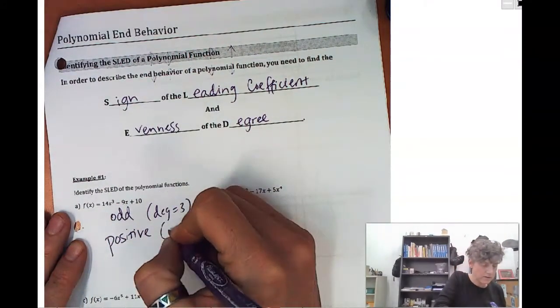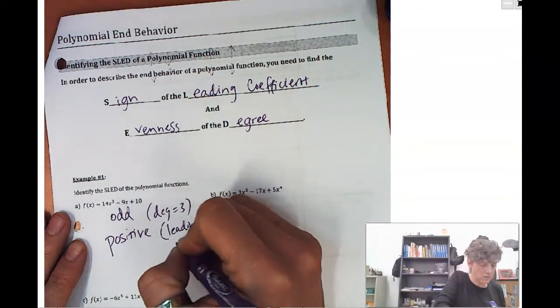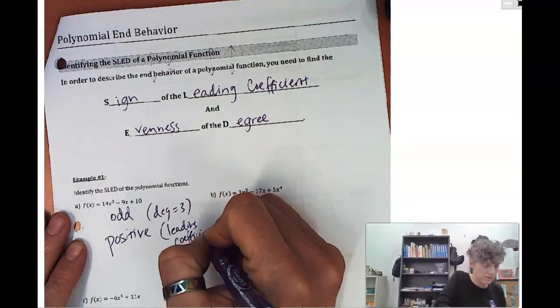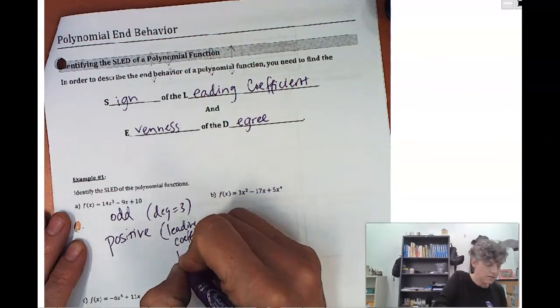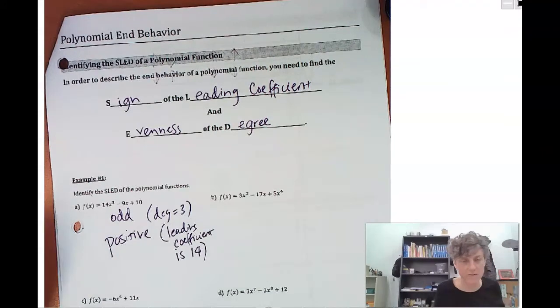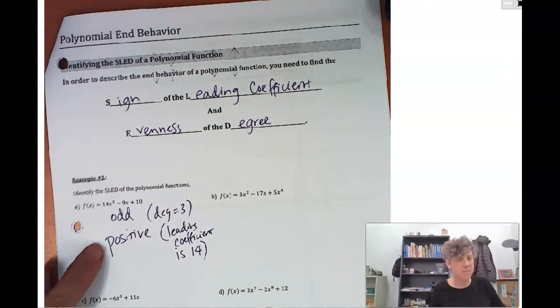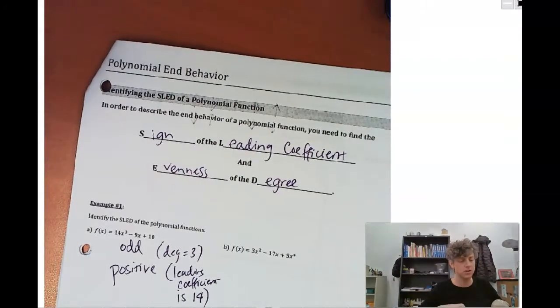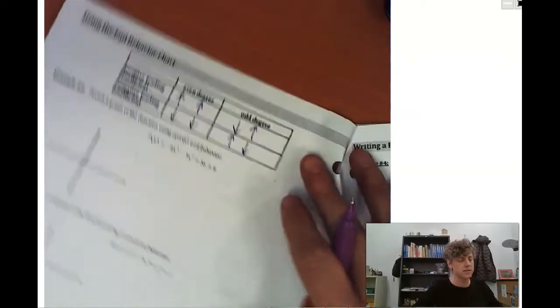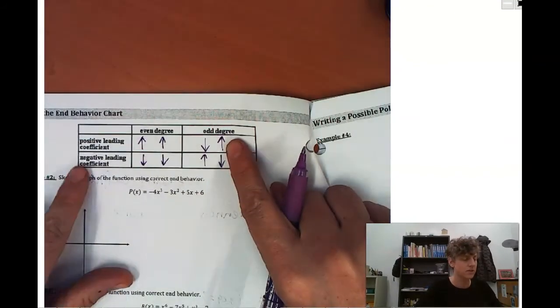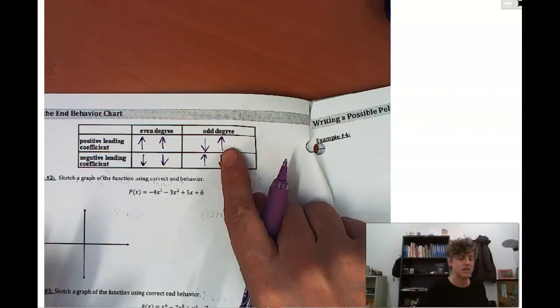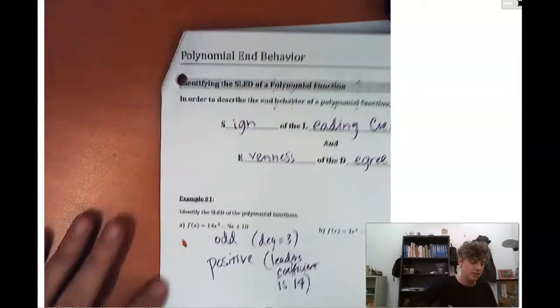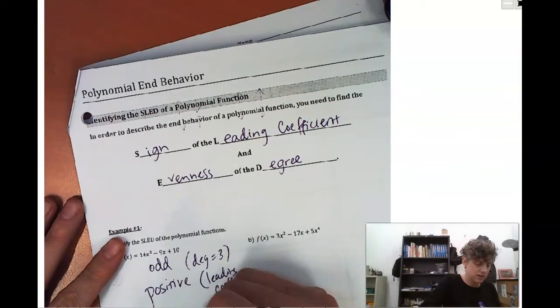The leading coefficient is 14. That's a positive number. So an odd positive function, let's look at our chart. Odd over here, positive leading coefficient. Left side's going to go down, right side is going to go up.